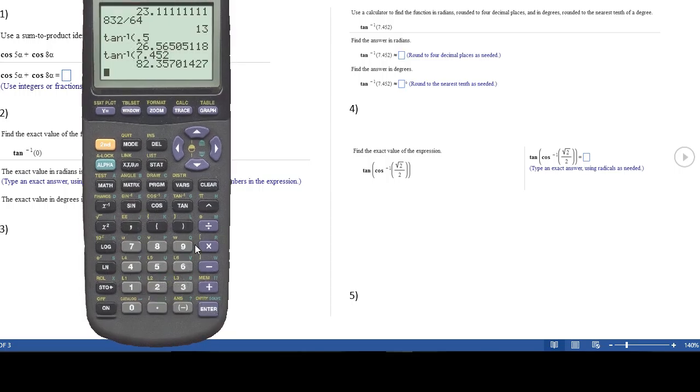Tell me how many degrees you got, just so I'll make sure you're doing it right in your calculator. I got 82.4. And now you got to switch the mode and go back to radians. Oh, okay. And then tell me what that is in radians.